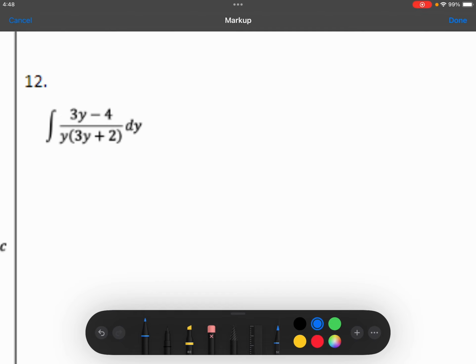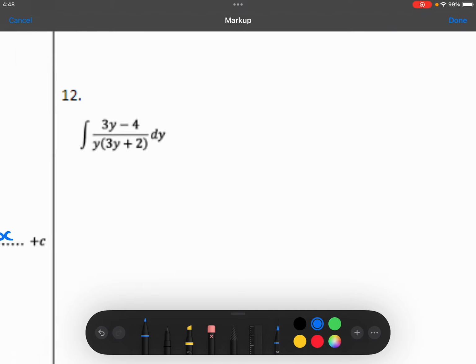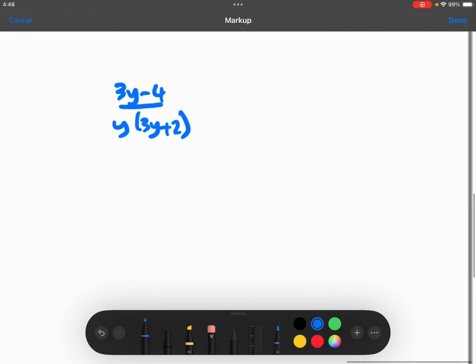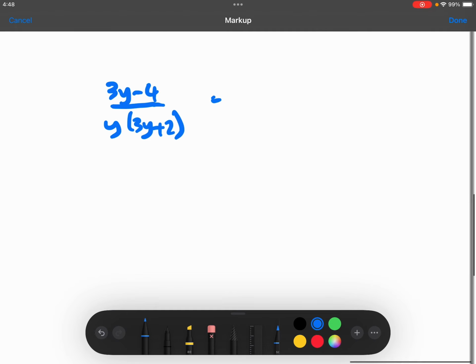Instead, I'm thinking partial fractions. Let's rewrite this 3y minus 4 over y times 3y plus 2 as a over y plus b over 3y plus 2.